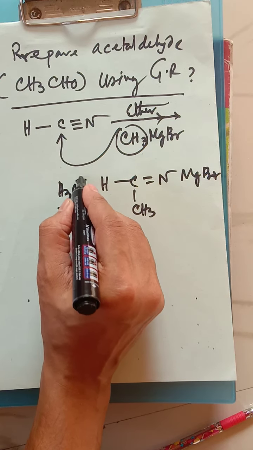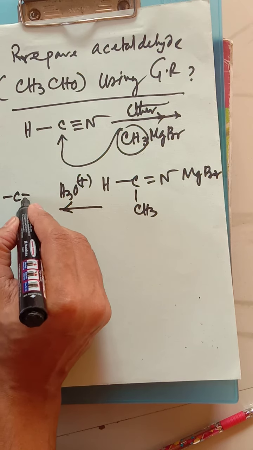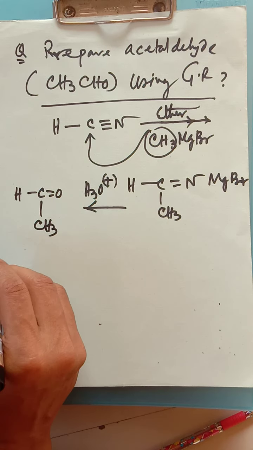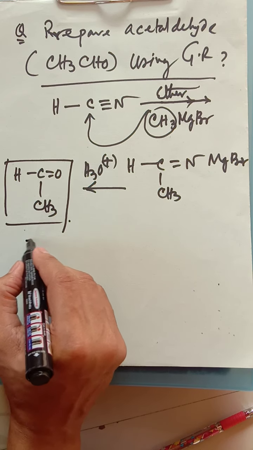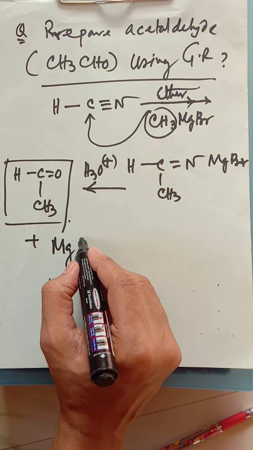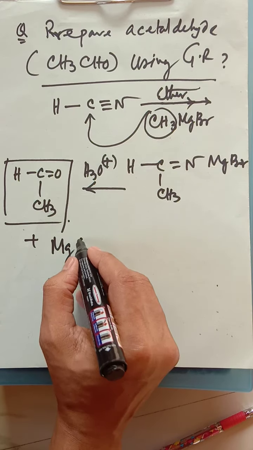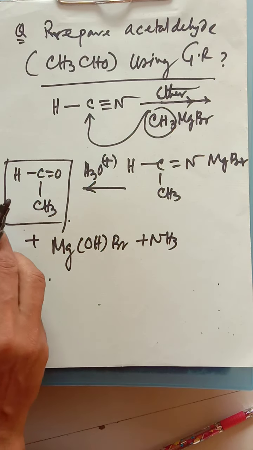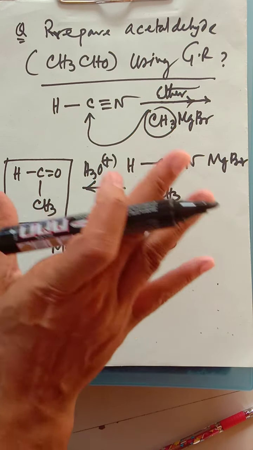After the acid hydrolysis, it will be liberated, and the product will be this. So finally we have got acetaldehyde along with the side product. We may write this or not, no problem, but the side product will be MgOH plus NH3 as I mentioned earlier. So here to prepare acetaldehyde, we have to use this one. So I have done one.